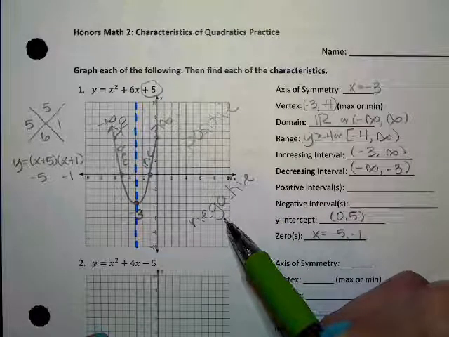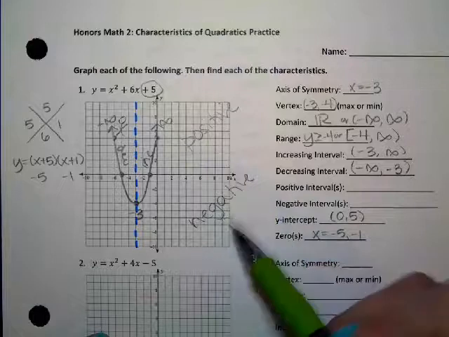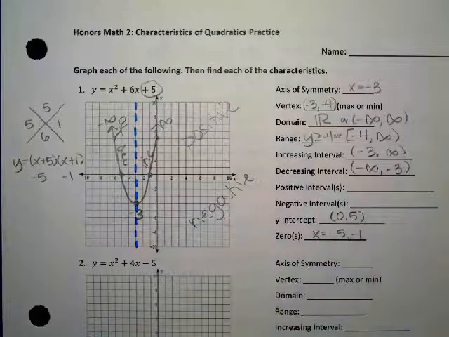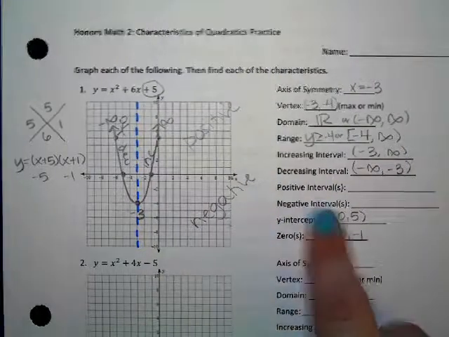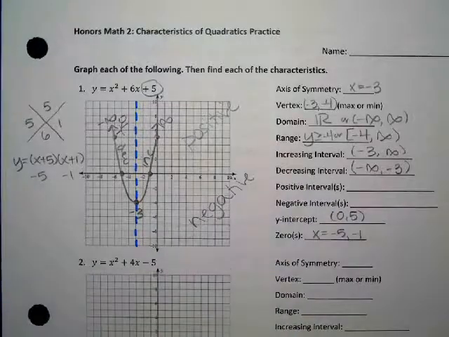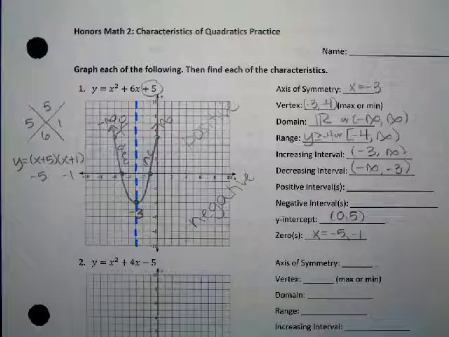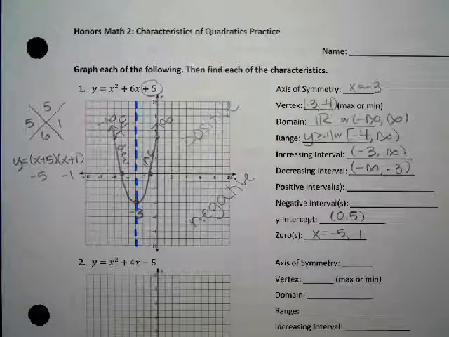Okay? Which is weird because you're saying, where are the y values positive? They are positive at these x values. Where are the y values negative? They are negative at these x values. Okay? So I'm going to trace it for you. So the y values are negative starting at this x value and going to this x value.